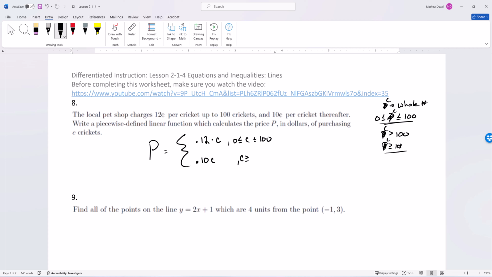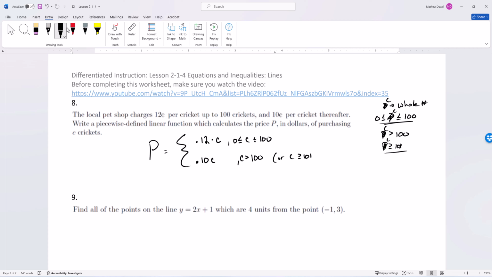So I could say C is greater than 100, there's no equal to, or 101.